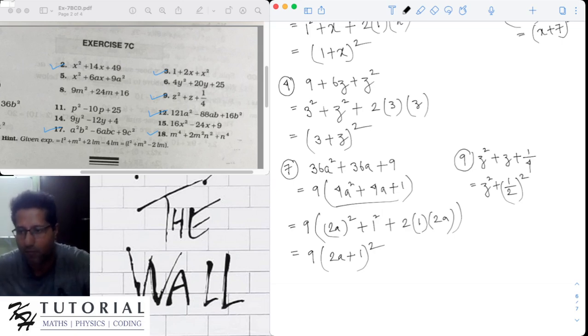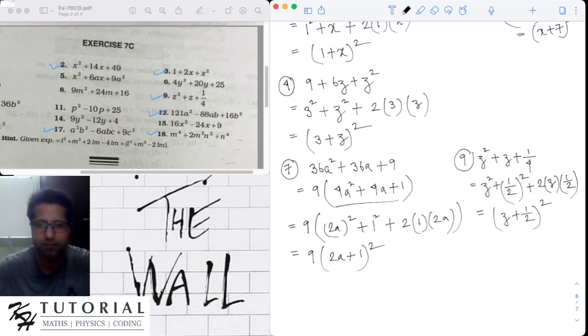Now I would like to see whether the remaining term in the polynomial, z, can be expressed as twice of z multiplied by 1 by 2, and I see exactly it is z. So I see the given polynomial is in the form a square plus b square plus twice ab. So this will be equal to z plus half whole square.